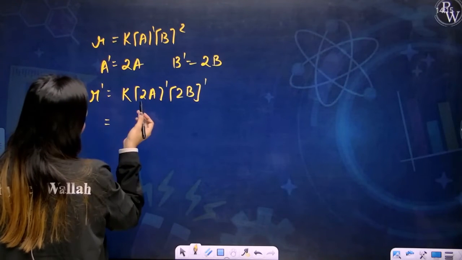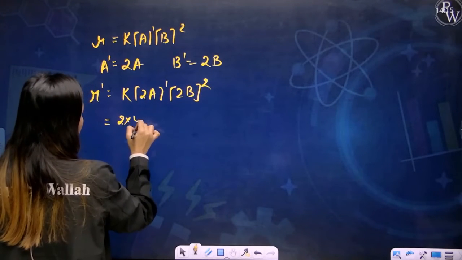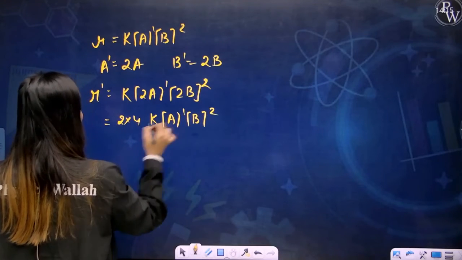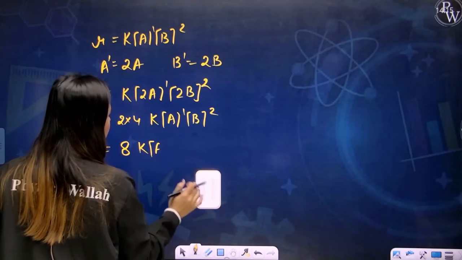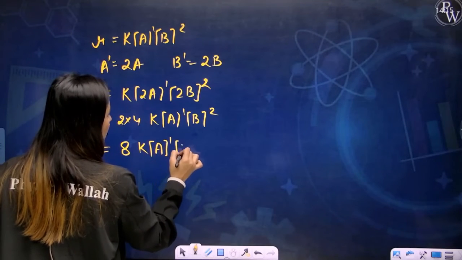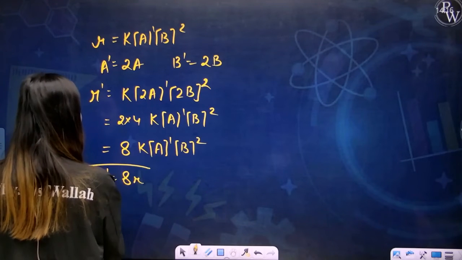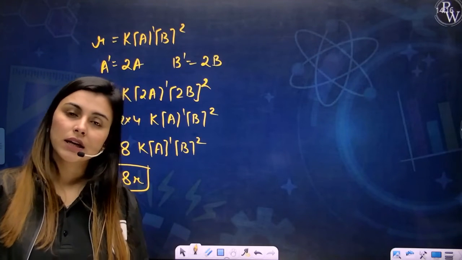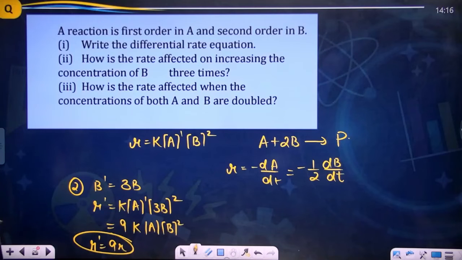This would be 2 into 2 squared, which is 4, so 8 K A power 1 B power 2. So your R dash would come out to be 8 times of R. So it will be 8 times of the initial rate.